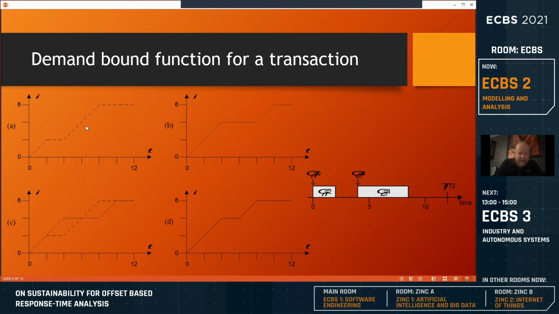So here we have interlaid these two in this figure, and then basically take the maximum to get the demand function for this transaction. Feel free to ask any questions if you're uncertain.